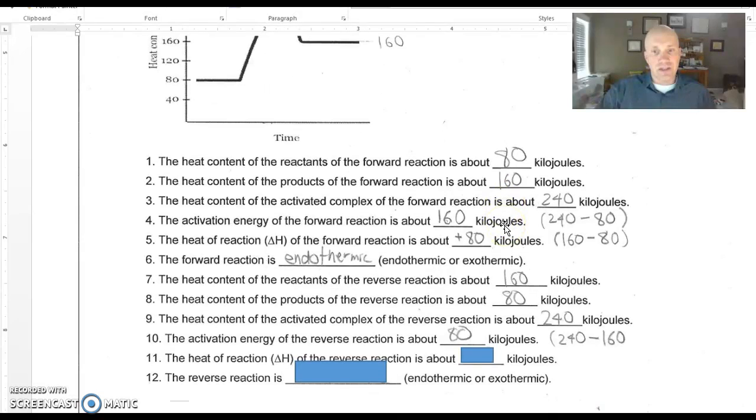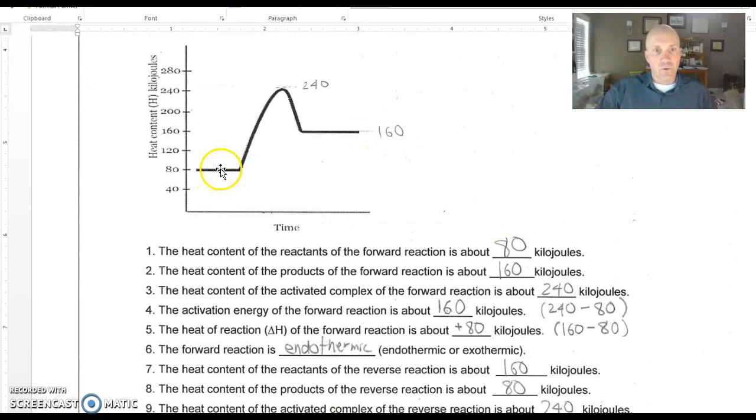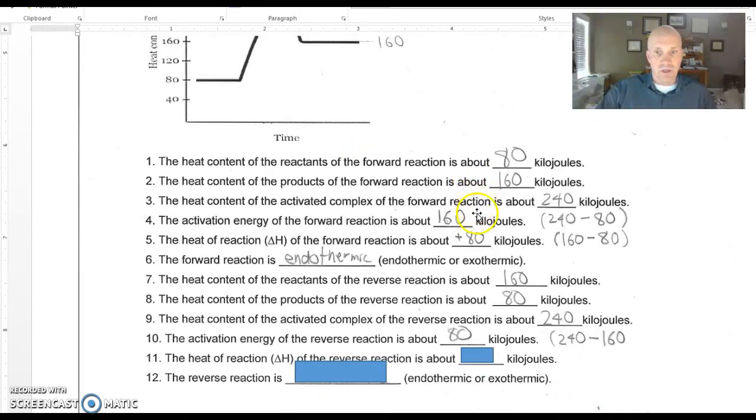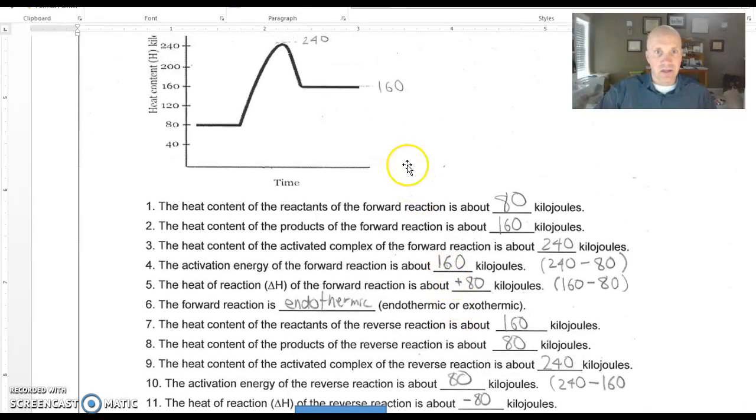The only difference is that we're going to do the end state minus the beginning state. If we're going in the reverse direction, this is the end and this is the beginning. So 80 minus 160 will give us negative 80.